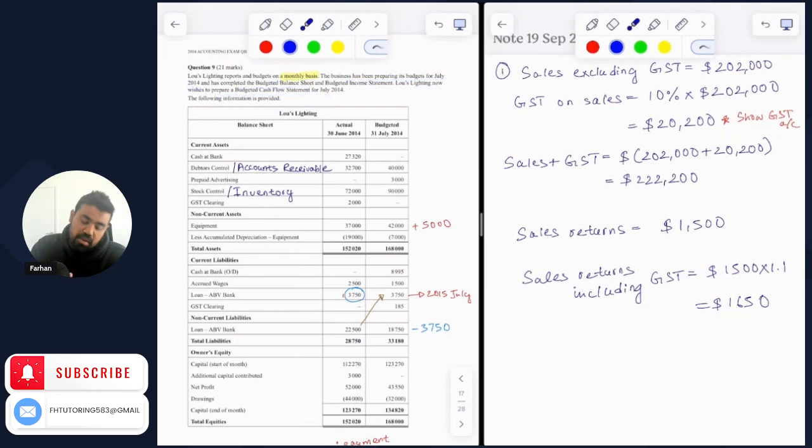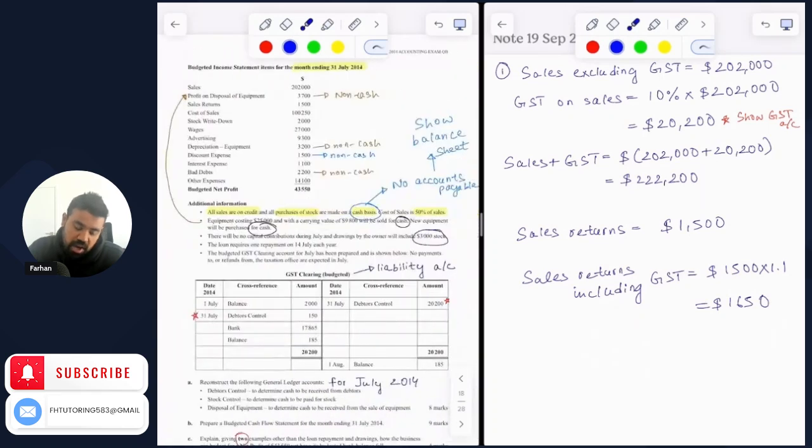So here we have a business which reports on a monthly basis, and we are given the actual balance sheet for the month ending 30 June 2014 and the budgeted balance sheet for 31 July 2014. Then you can see we are given the income statement for the month ending 31 July 2014 and other information.